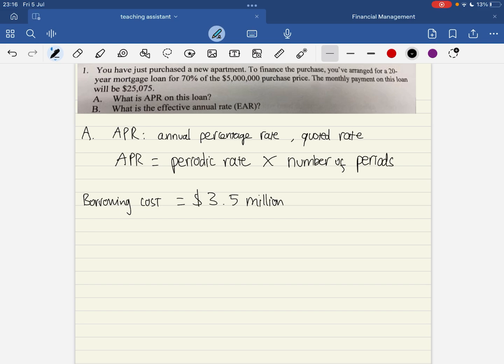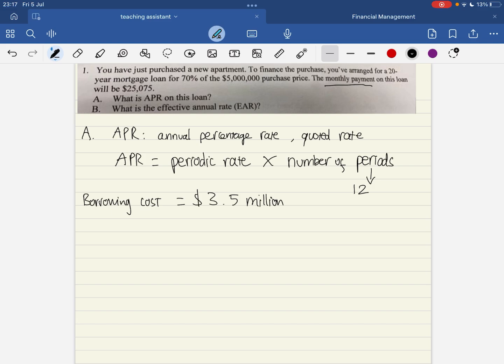Okay, monthly payment. This is very important. This means that the loan is calculated monthly. So for the APR formula, the number of periods will be equal to 12, since it is calculated monthly, and in 1 year, there are 12 months. So the number of periods per year is going to be 12.